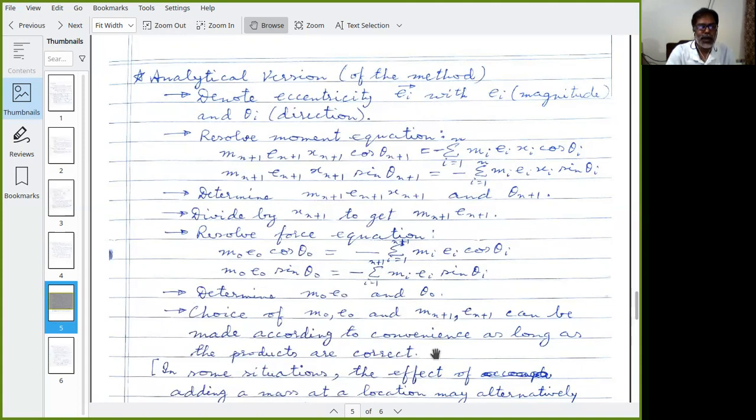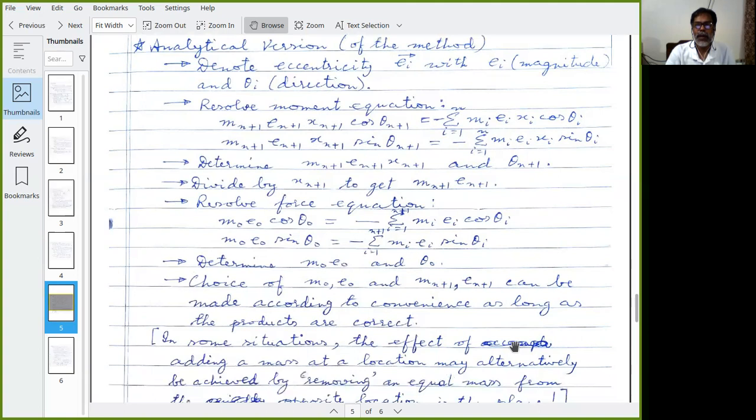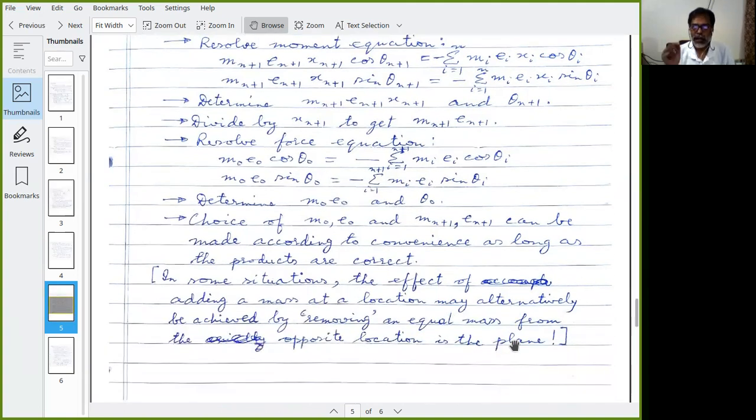In some situations, if you find that putting additional mass there is a little difficult, then from exactly the opposite location, you can actually take out that much mass. That will be sort of equivalent, as if you are putting a negative mass. So you can do that.